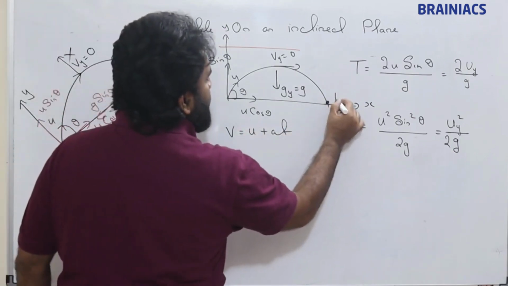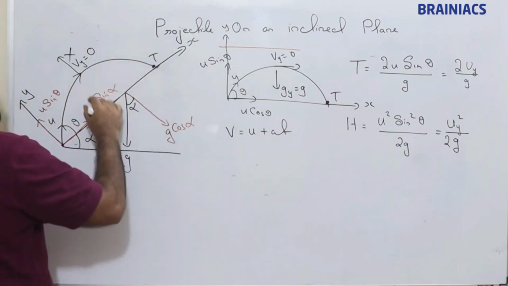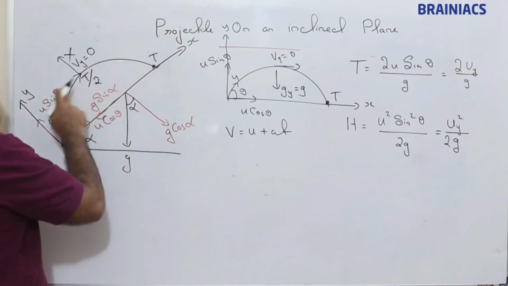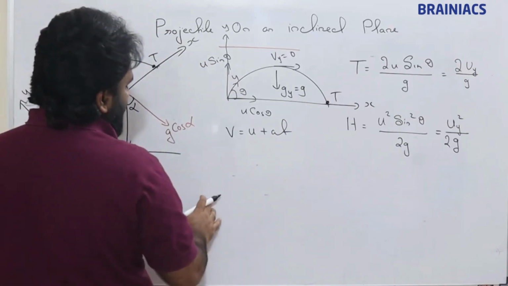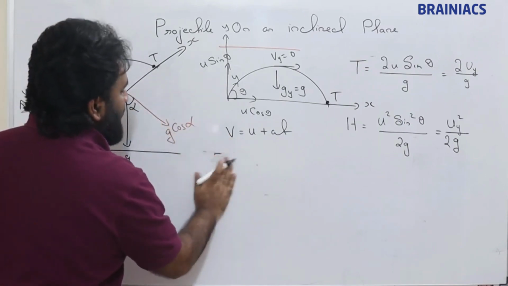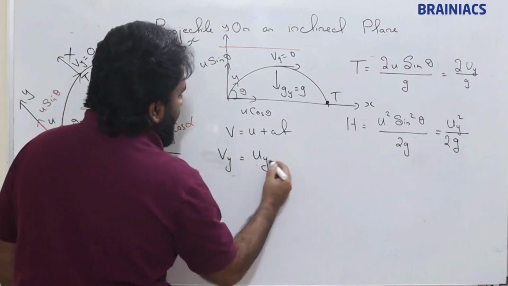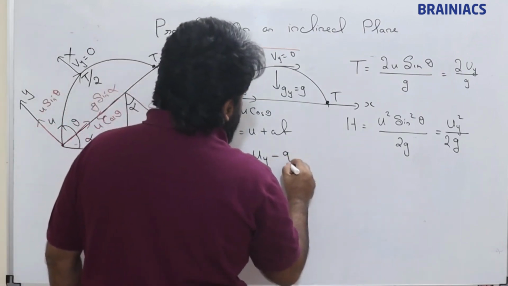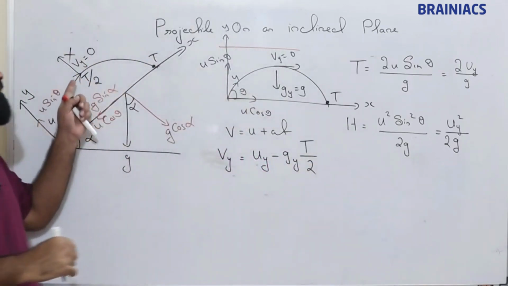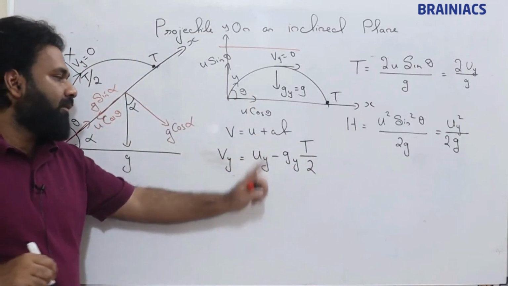when the particle reaches here, this is time of flight. Same way when the particle reaches the ground, it is time of flight. At half of this, that is at a maximum height, capital T by 2 actually. So vy is equal to 0. We can write this as vy is equal to uy minus gy into t by 2.